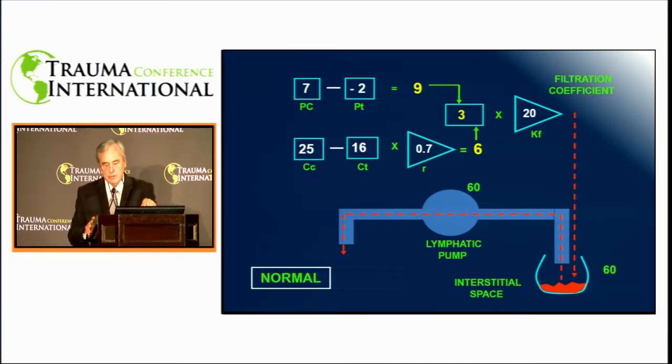So if 3 is the result of these forces and 20 is the coefficient, we have 60 milliliters going into the lung interstitial spaces, and this liquid is regulated by the lymph without any problems in the lungs.